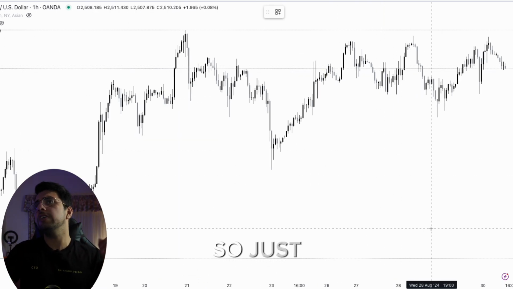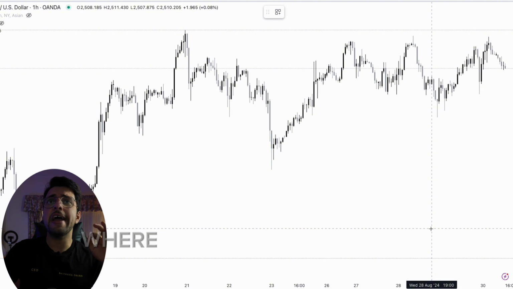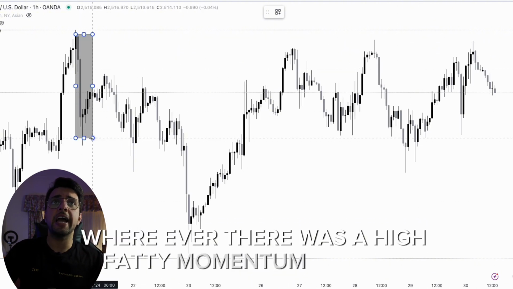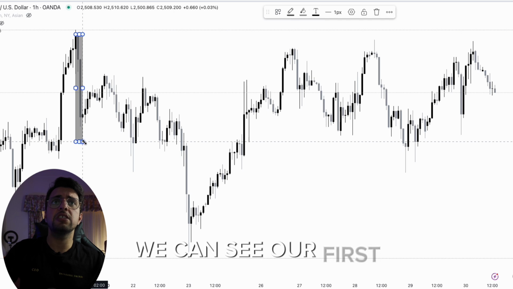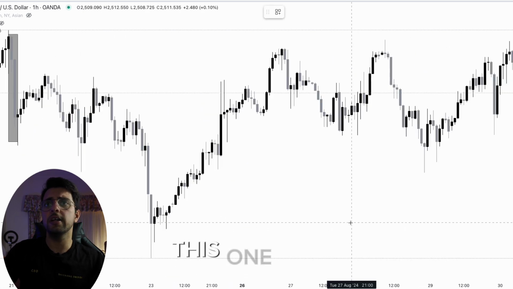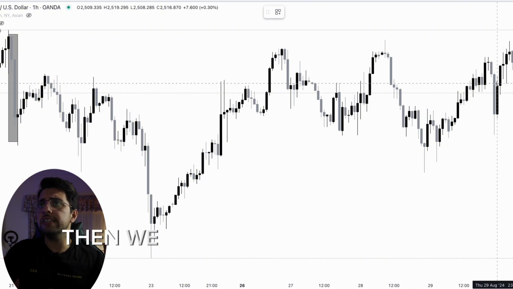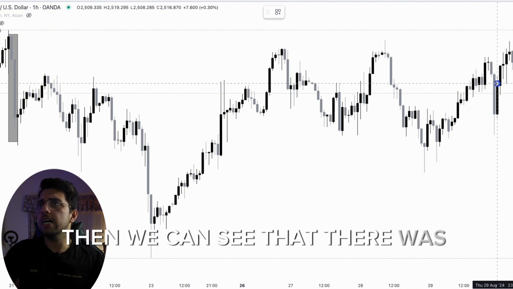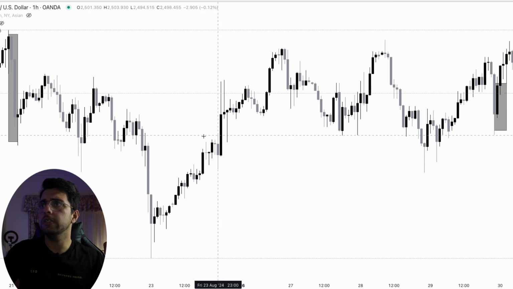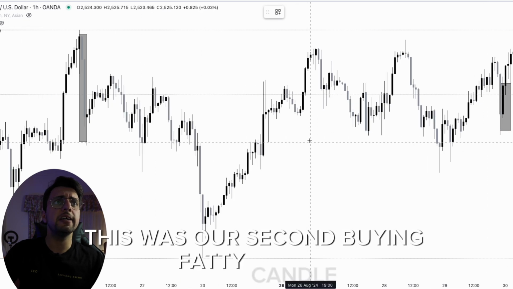So we just have to see wherever there were high momentum candles. We can see our first momentum selling candle, this one, right? Then we can see that there was another big candle, this one, our second buying candle.